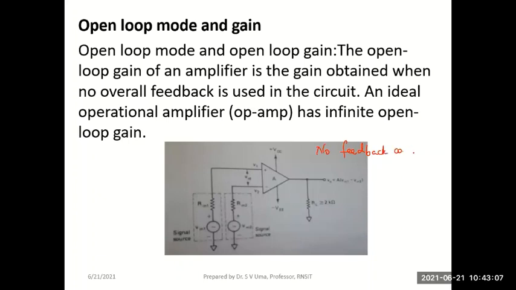So as long as there is no feedback connection in an op-amp, we call that mode of operation of the op-amp open loop mode of operation. Okay, so you can see what happens to the output in open loop mode.